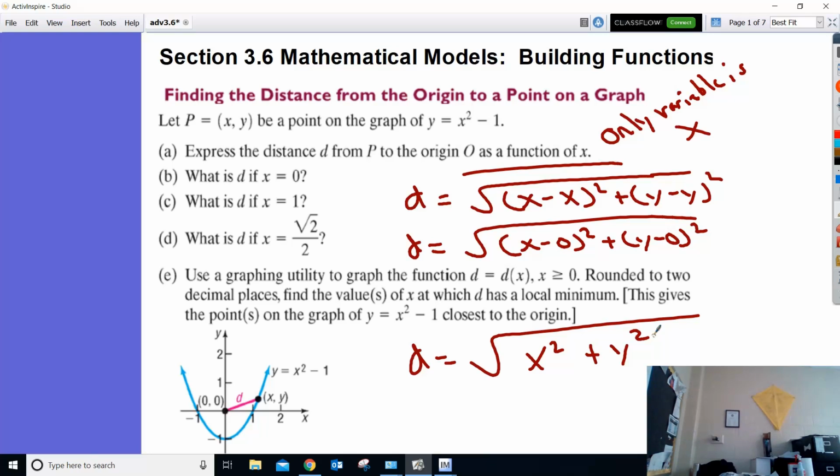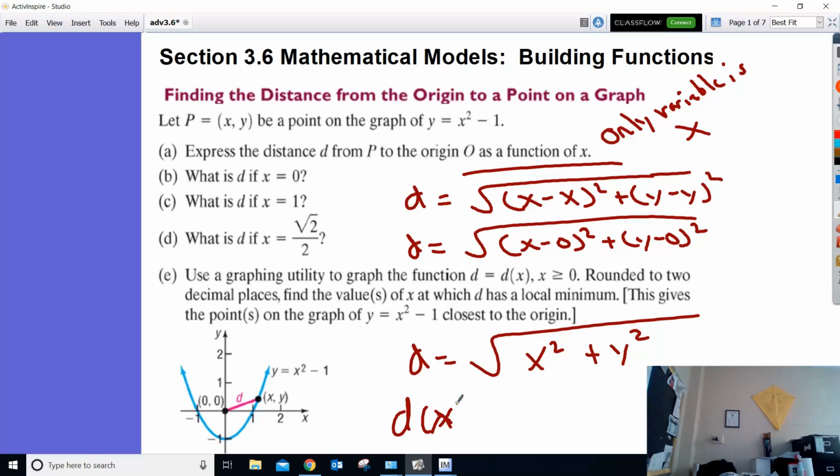So now we got to get down to just your x's. Look at the graph. It's sitting there staring at you. You know what y is, don't you? y is x squared minus 1. So where I see a y in my equation, I get to replace it with x squared minus 1. Now it's a function of x.